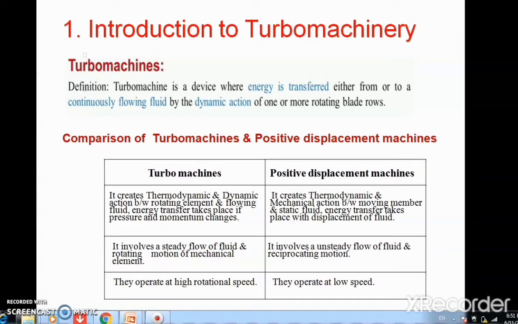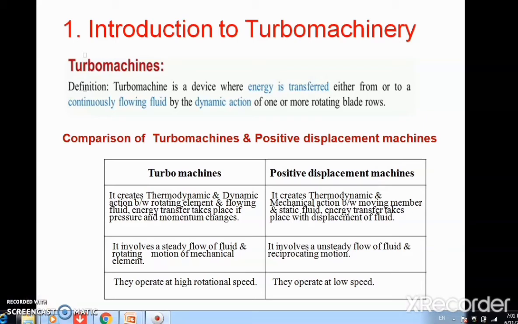Turbo machines operate at high rotational speeds, while positive displacement machines operate at very low speed. If you see the speed of turbo machines in compressors, it is as high as 1 lakh rpm or 1,50,000 rpm. While in positive displacement machines, the speed is comparatively low.